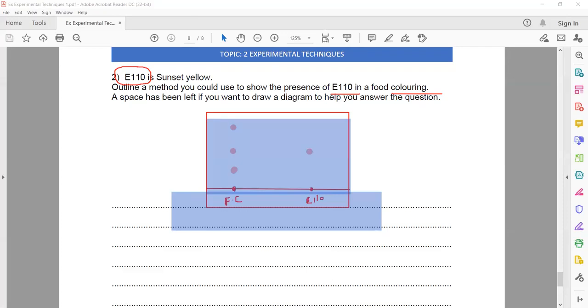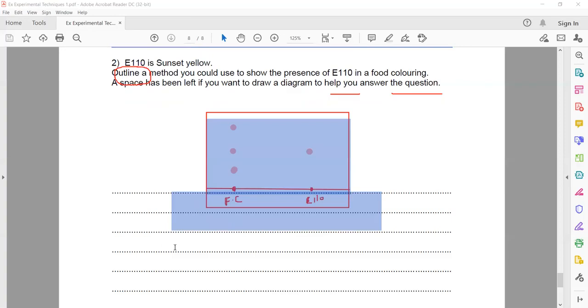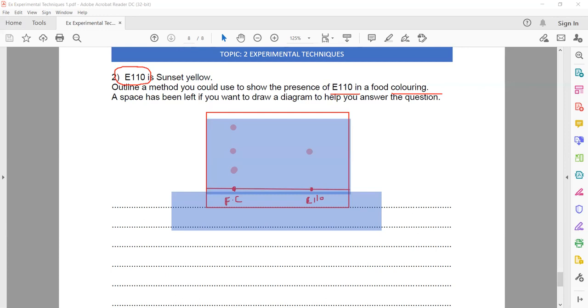So how do we write this answer? We will use chromatography.